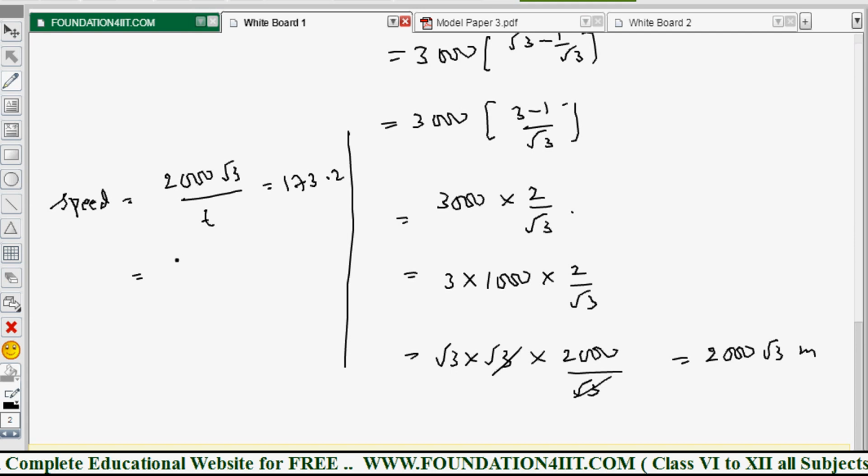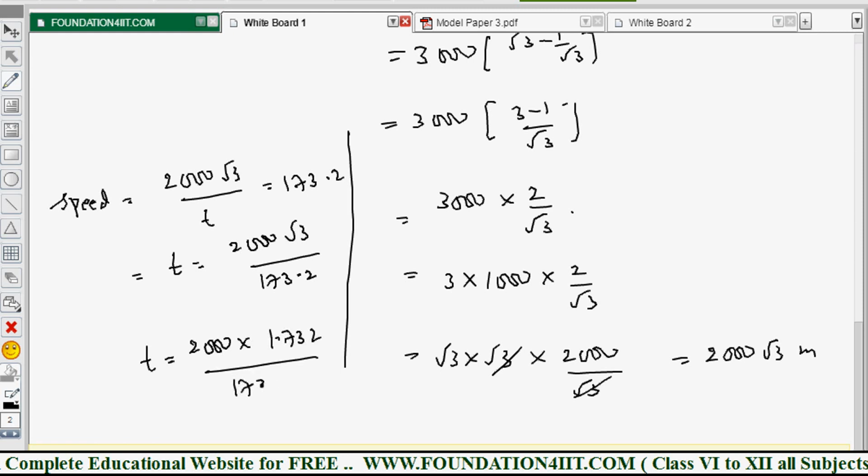Then just cancellation, this t is equals to 2000 root 3 by 173.2, and we know the value of root 3, so 2000 into root 3 value is 1.732 by 173.2. Just do cancellations, this same denominator you can cancel.